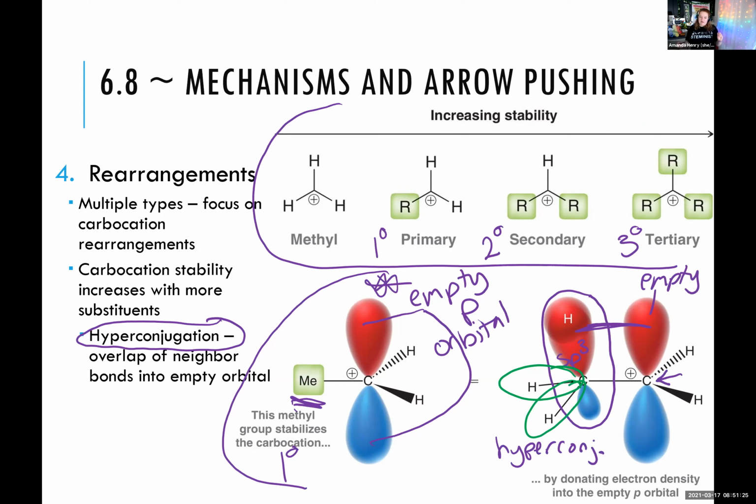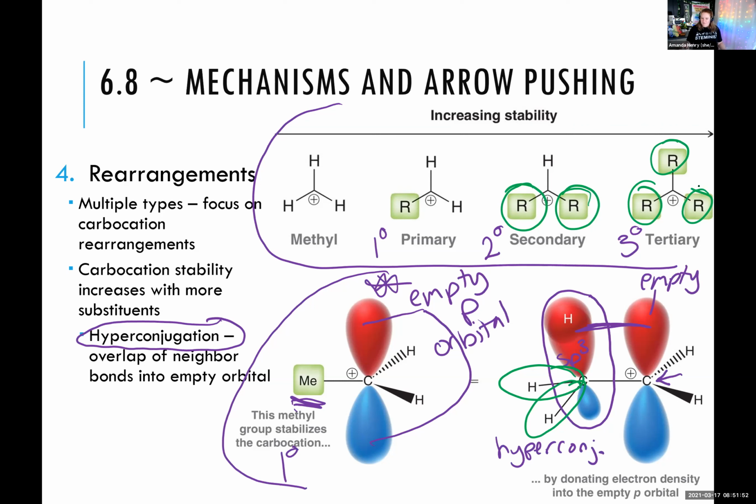So every carbon that's attached can overlap 3 times because it has 3 bonds. If we have a secondary carbocation, it has 6 bonds that it can overlap with. And if we have tertiary, it has 9 bonds it can overlap with. So as we add on those carbons, we have an increase in what can overlap.